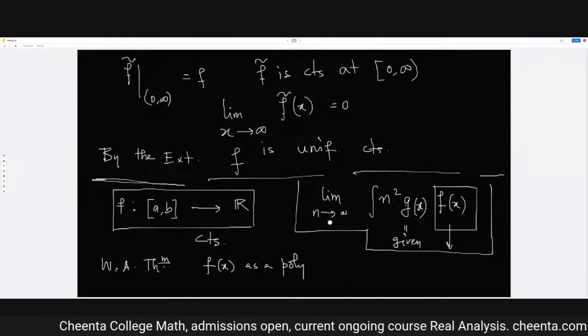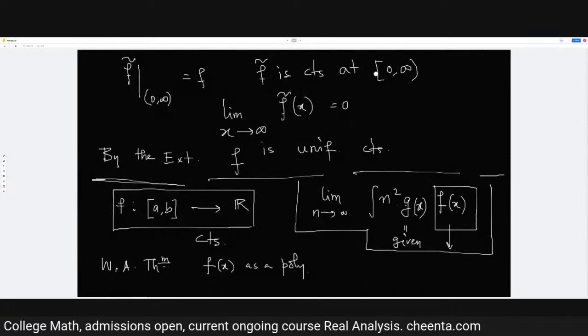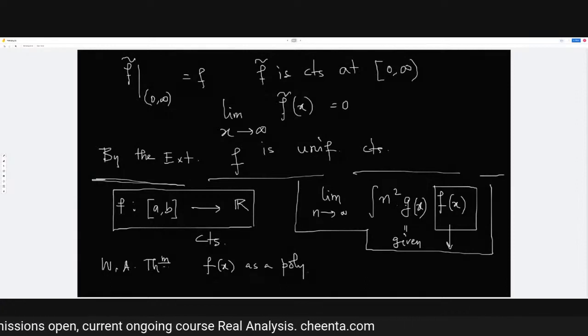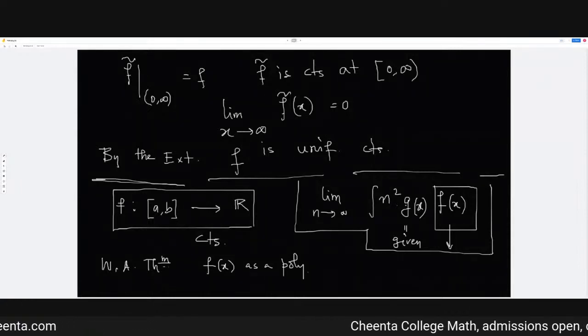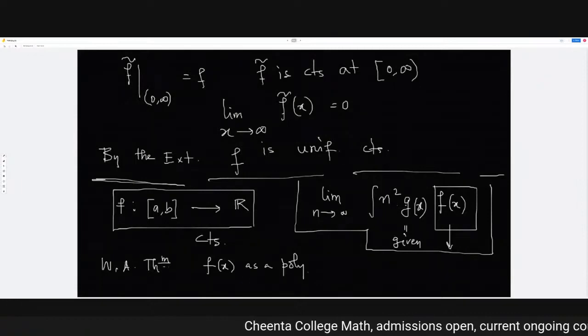So use f of x as a polynomial and see where the limit converges. That is precisely the point the entire limit will converge to. This is the application of the Weierstrass approximation theorem.